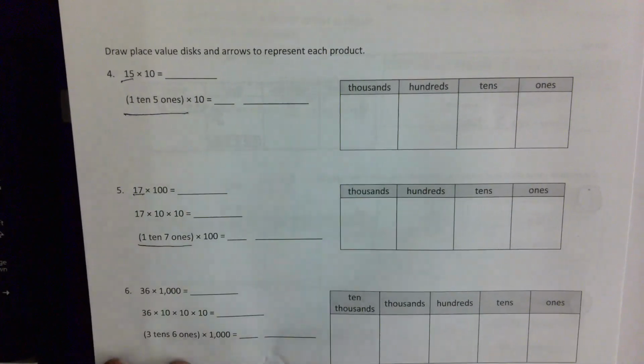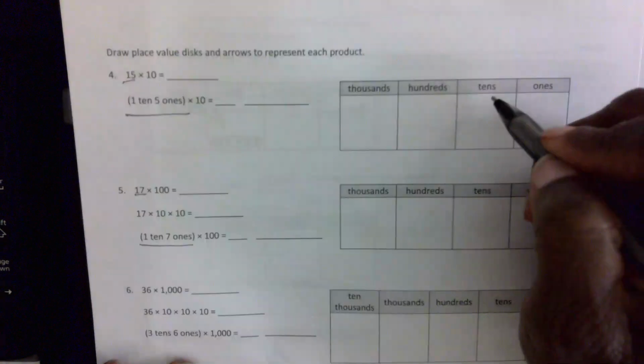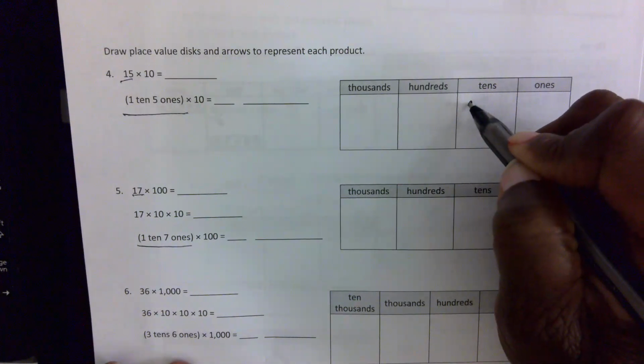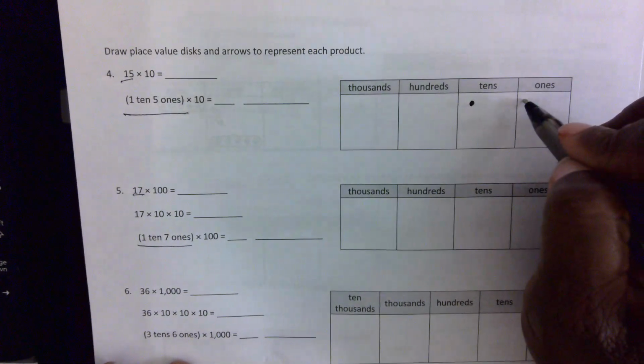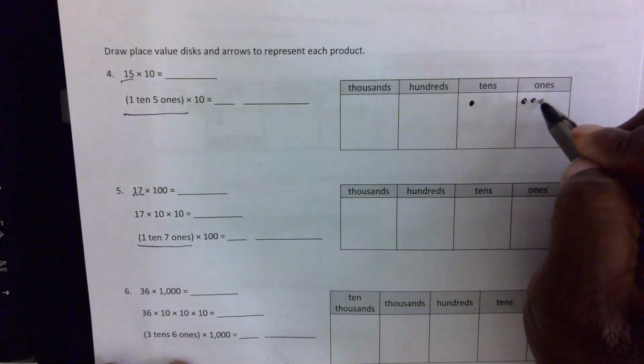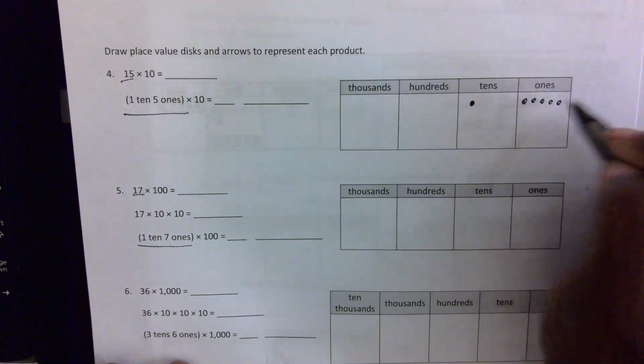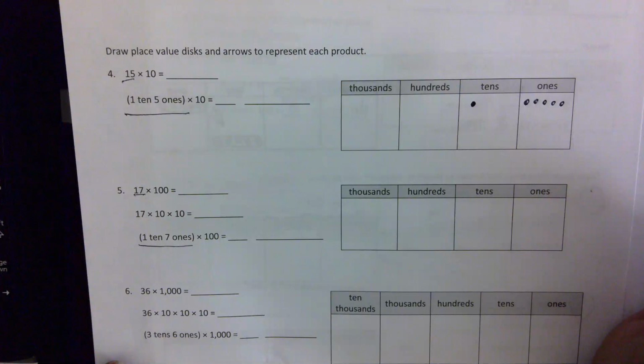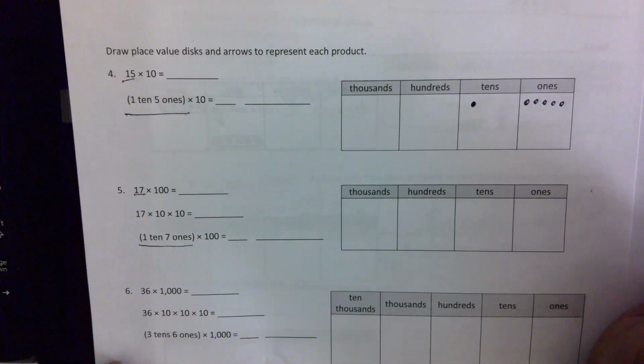So number 4 on the back is 15 times 10. So 1 ten and 5 ones. I'm going to put 1 ten and 5 ones. Okay. And when I multiply times 10, I am multiplying all of it times 10.